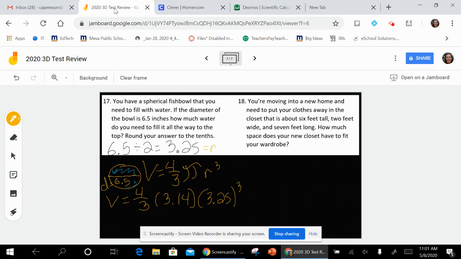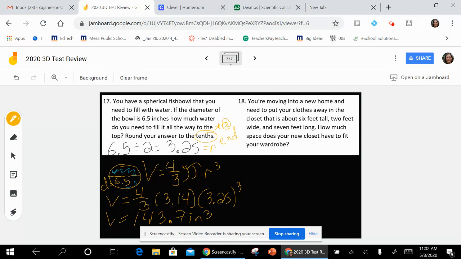Everybody also notice we don't round to the 10th place until the end. So everybody, you do this at the end. So 143 7/10, and it's going to be inches cubed.